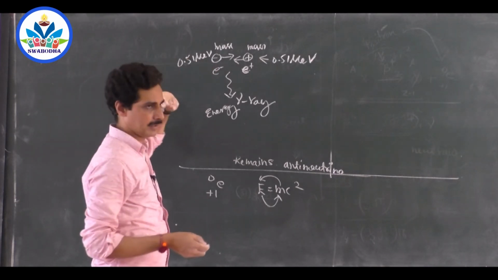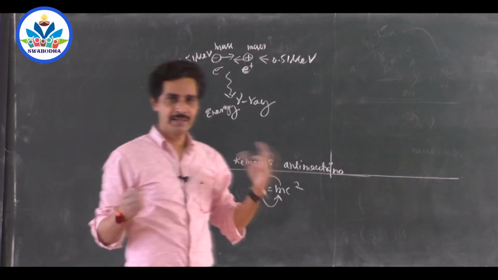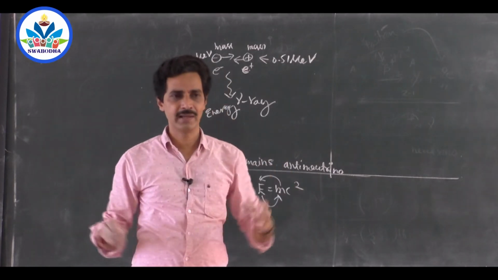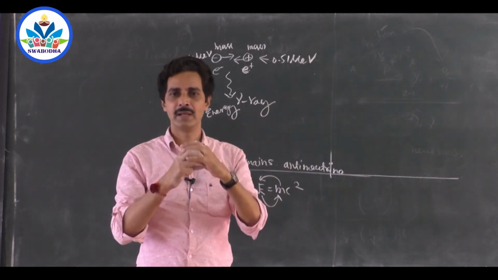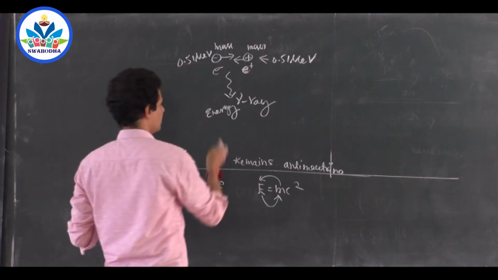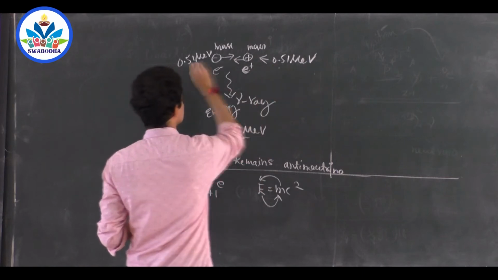If it is more, no problem. If it is less, this can't happen. So one electron and one positron, each having a minimum kinetic energy of 0.51 million electron volt, if they combine together, produce a gamma ray, and the energy of the gamma ray is 1.02 million electron volt. You add these, you get this.